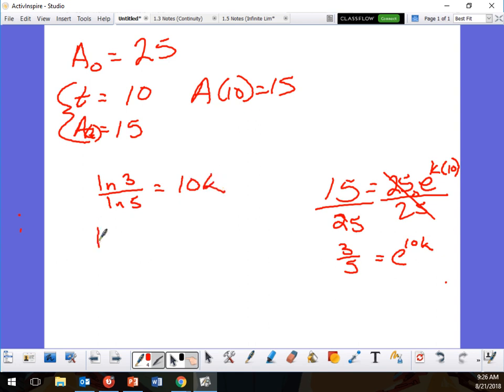And this is ln 3 minus ln 5 equals 10k. I just separated it. You guys remember log rules? If it's a division, it's a minus sign. Okay, divide both sides by 10.